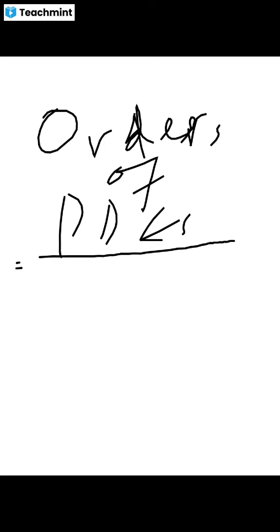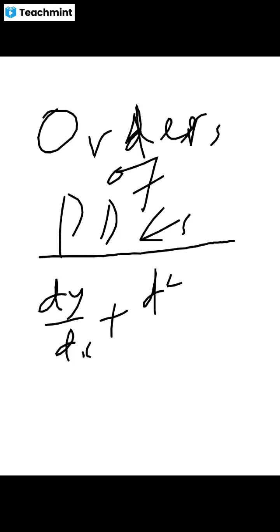Let me give an example of a partial differential equation. For instance, if we have something like dy/dx plus d squared y over dt squared is equal to 0.